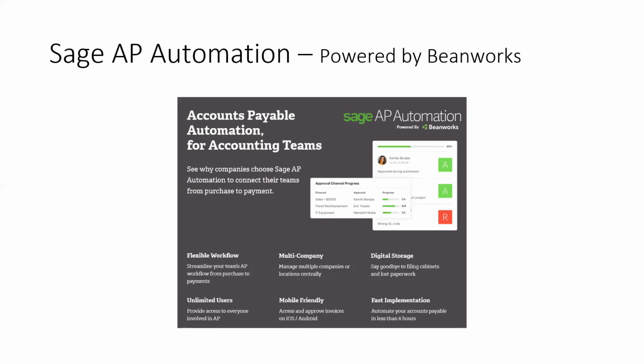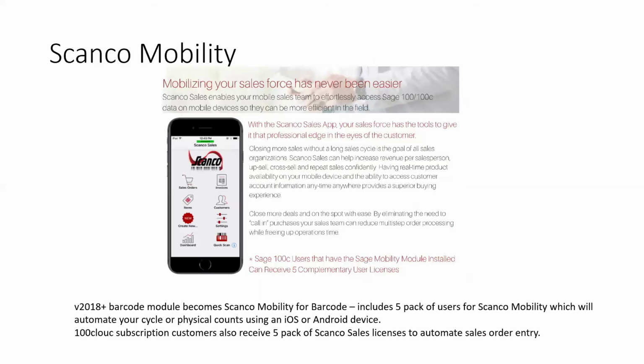Thank you, Jody. Okay, the next area that we're going to take a look at is ScanCo Mobility. ScanCo Mobility became available back with version 2018. And basically with the cloud, and I think you have to be on a certain bundle. Obviously, you'd need inventory and so forth, but it does include a 5-use pack with your subscription, and it helps to automate your current inventory cycle and your physical counts, being able to use your iOS or an Android device.